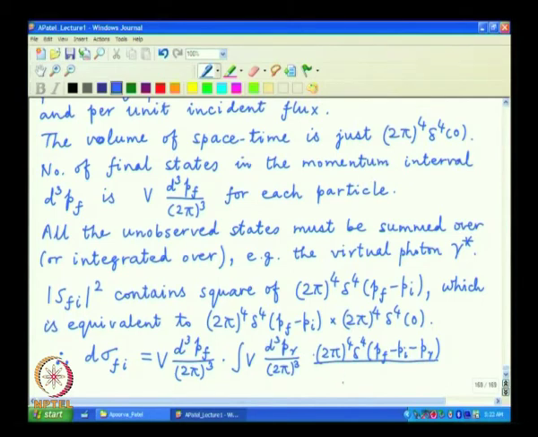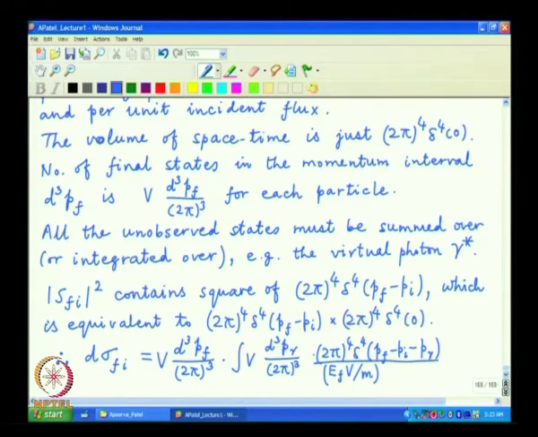For the wave functions of the electrons, in the normalization which we have used, there is E V divided by m for each of the initial and final electrons.